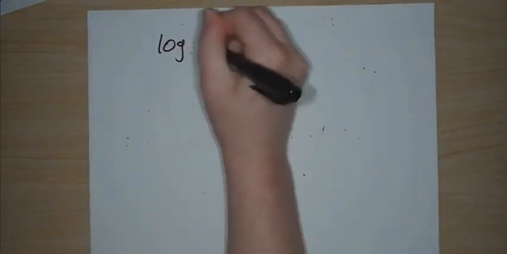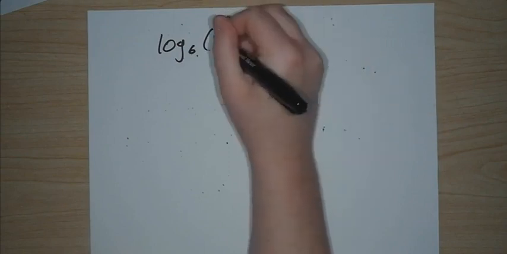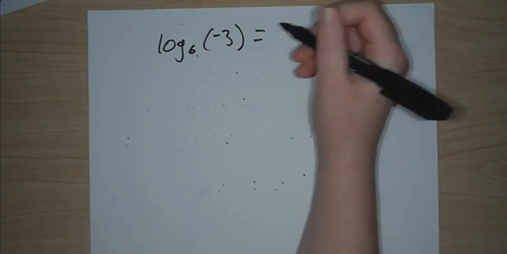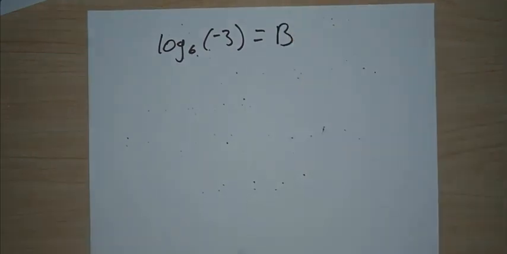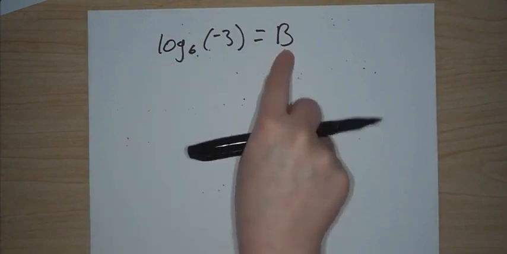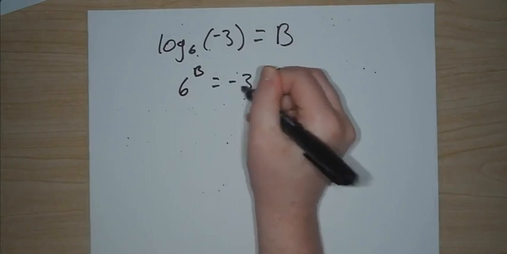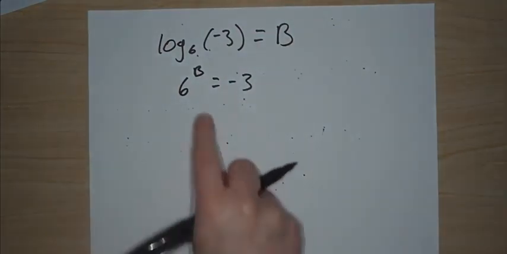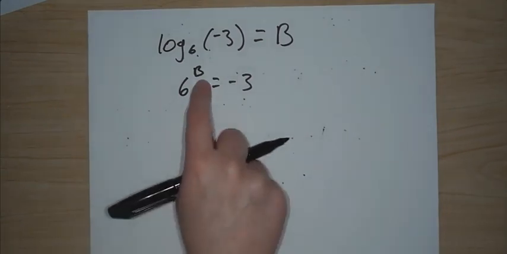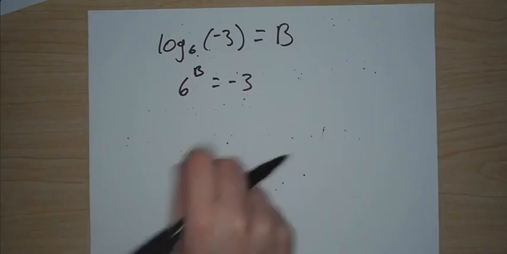So if we have log base 6 of a negative number, negative 3 for example, which is what we had before, is equal to some number, let's say b. In exponential form, this translates to 6 to some exponent b is equal to negative 3. And there is nothing that b can be to make this statement true. If b is 0, then this 6 would change into 1, which would not be negative.